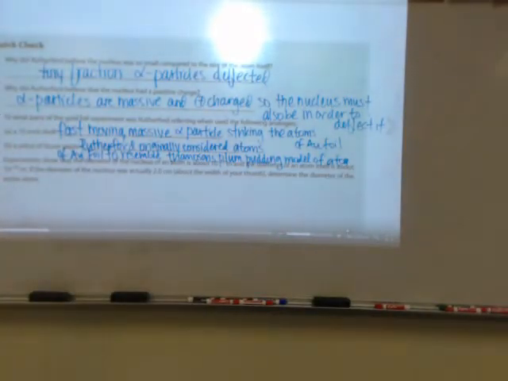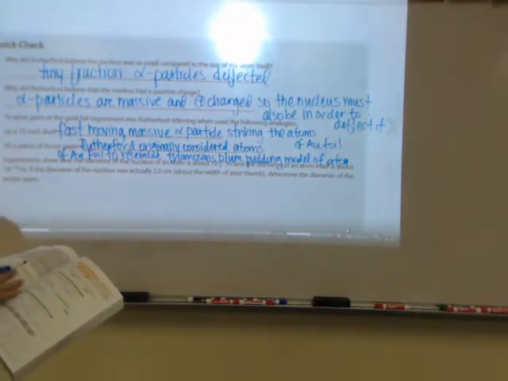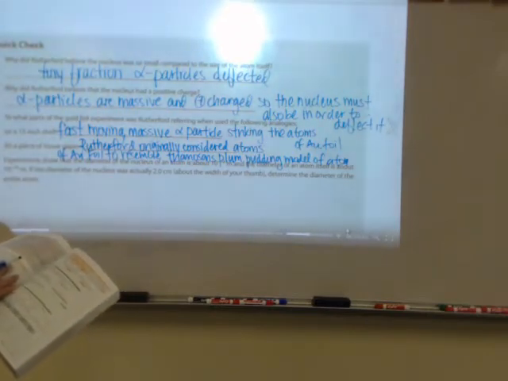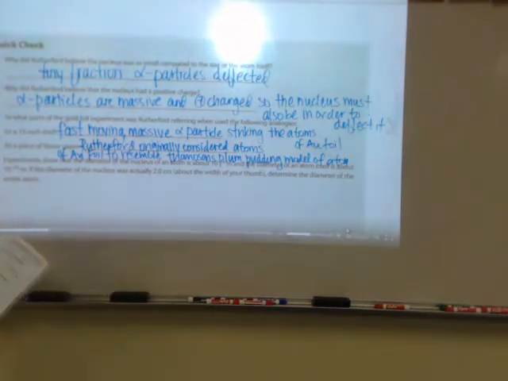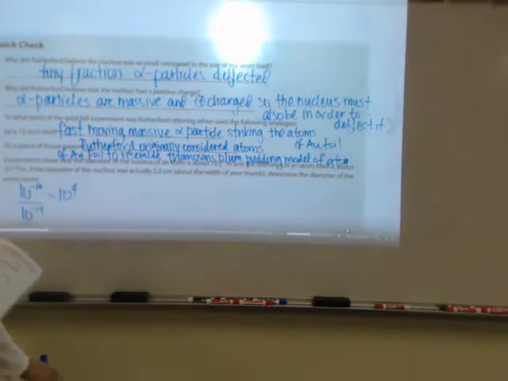Number 4. Experiments show that the diameter of the nucleus of an atom is about 10 to the negative 14th, and the diameter of an atom itself is about 10 to the negative 10th. If the diameter of the nucleus was actually 2 centimeters, the width of your thumb, determine the diameter of the entire atom. Well, if you take 10 to the negative 10th divided by 10 to the negative 14th, you're going to get 10 to the 4th. So this is the relative size of an atom compared to the nucleus.